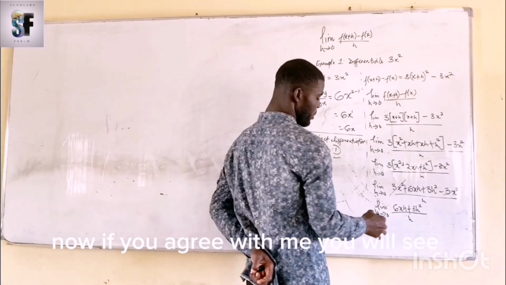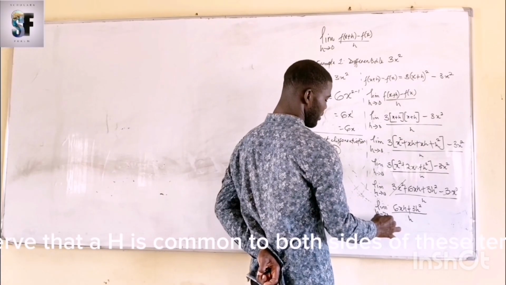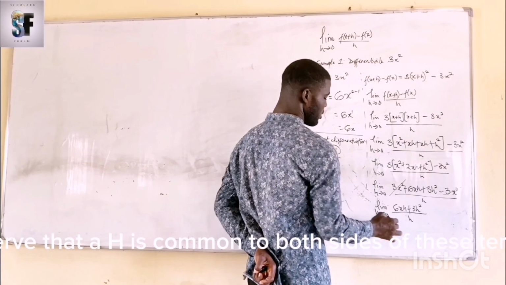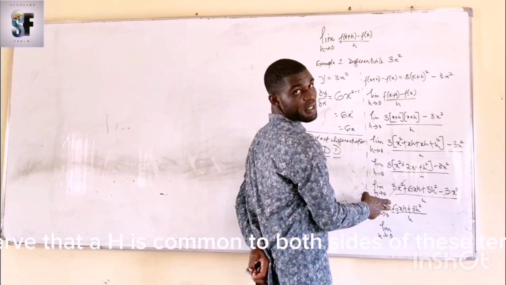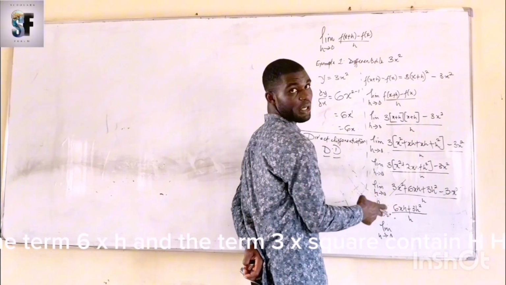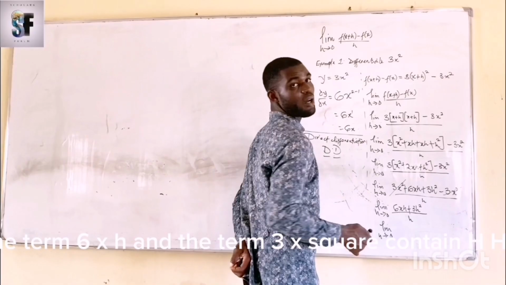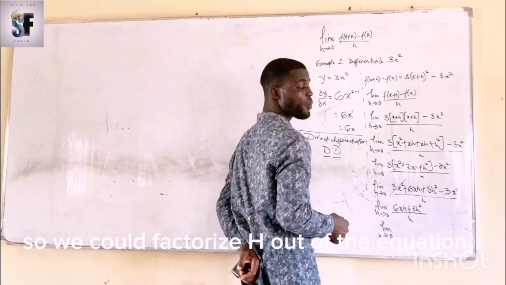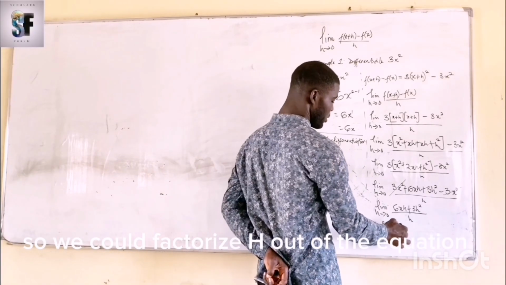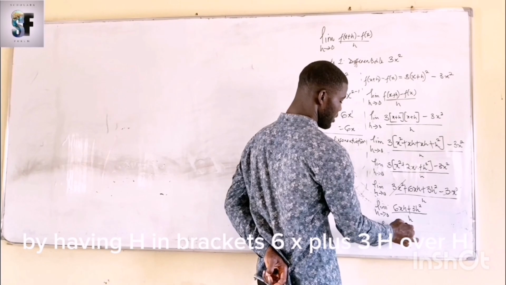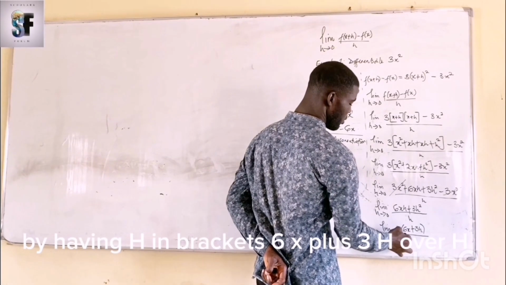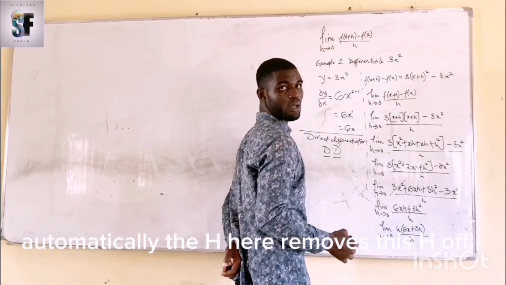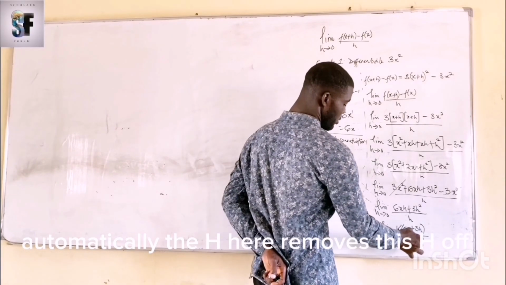Now, if you're going with me, you will observe that h is common to both terms. The term 6xh and the term 3h squared contain h. So we could factorize h out of the equation by having h in brackets 6x plus 3h over h. Automatically, the h here removes this h.